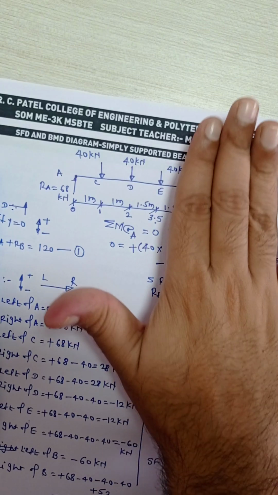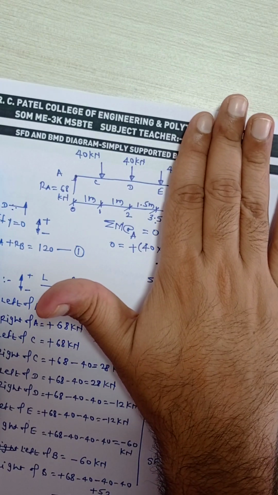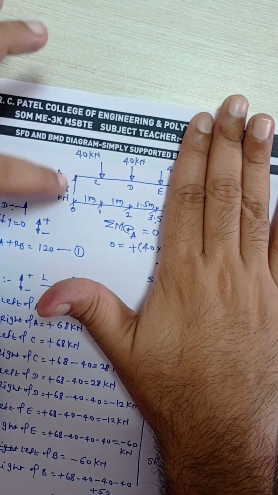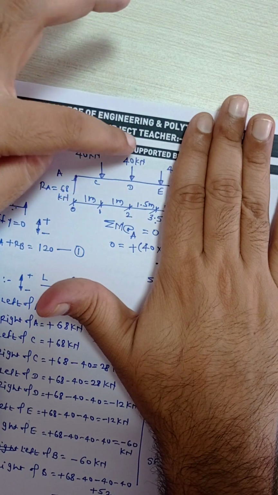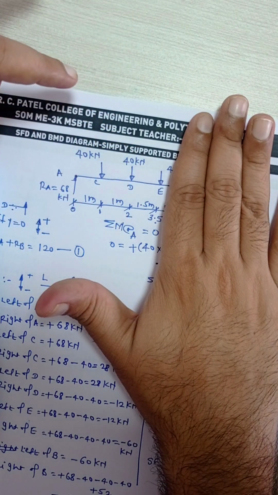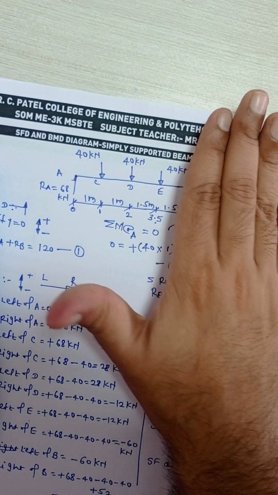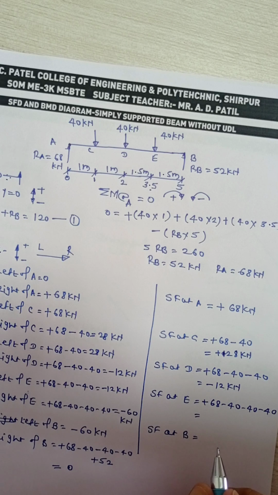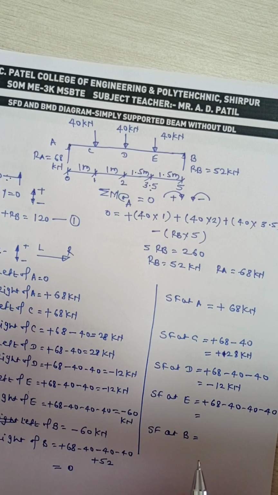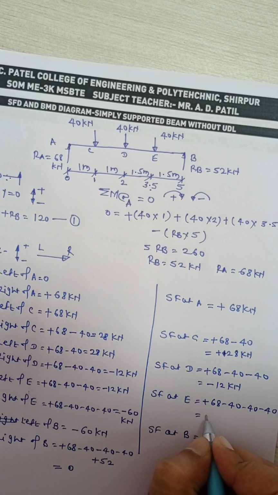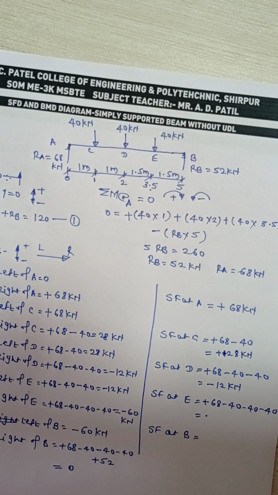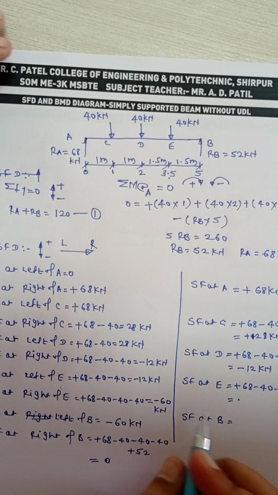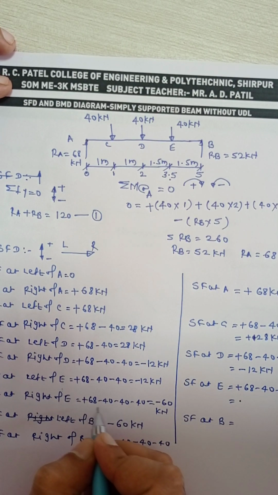Up to point E means like this: 68, then 40 going downward is negative, the next 40 going downward is negative, and this 40 also going downward is negative. So the answer will be... here one correction is there in SFD.